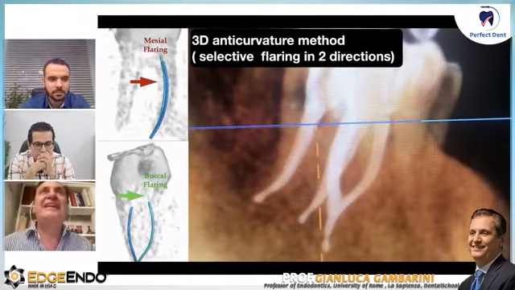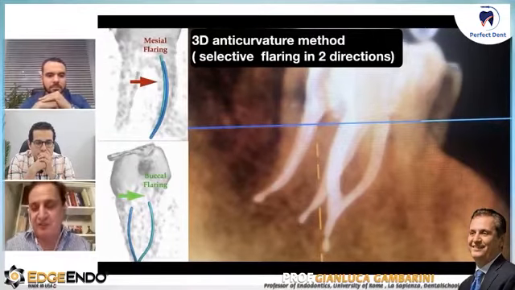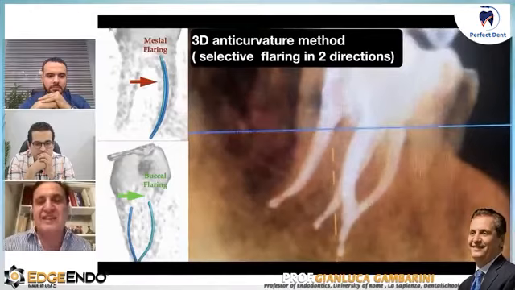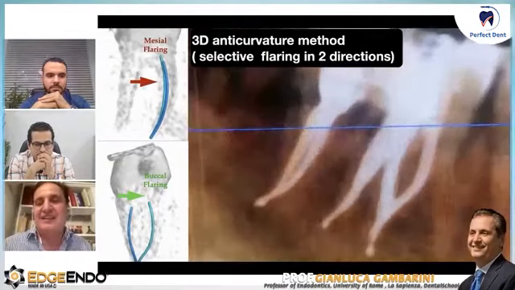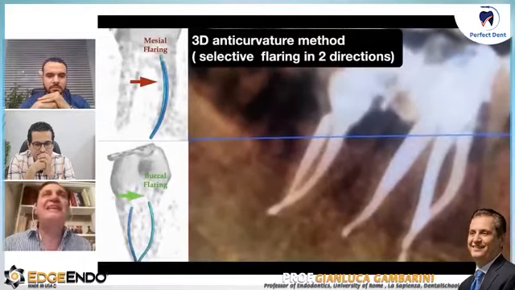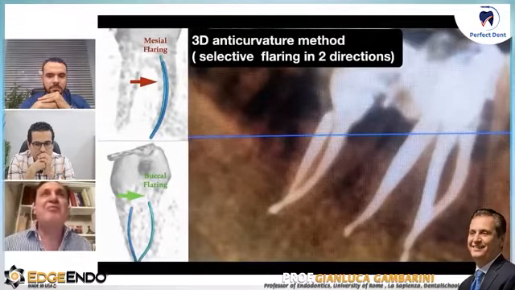That will make the penetration of the instrument to the working length much easier. If you do it like this, you get a three-dimensionally obturated canal, and everything will be easy. The irrigation will be much easier and more effective.